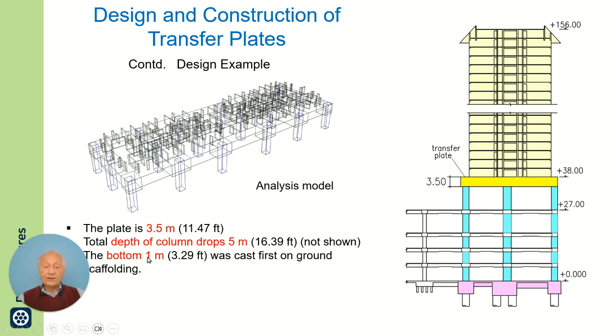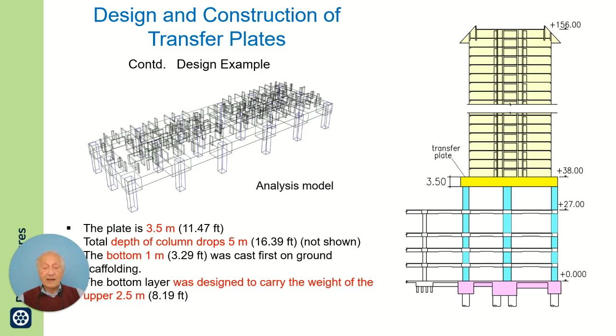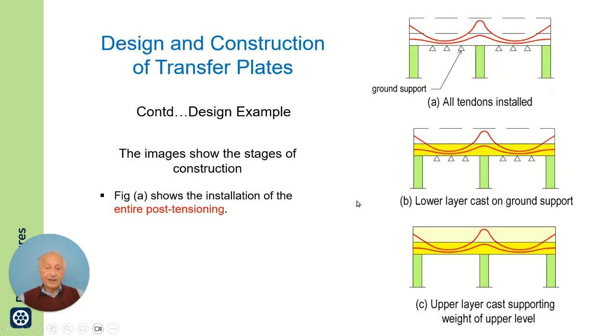The bottom layer was 1 meter. This was cast in 2 layers, and the 2.5 meter upper layer was designed to carry the weight of all layers and the superstructure above it.